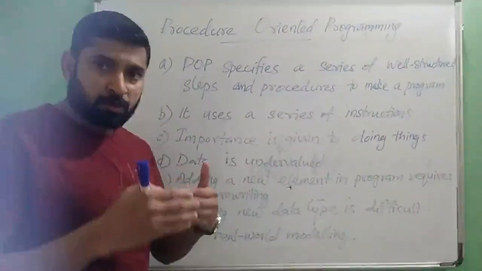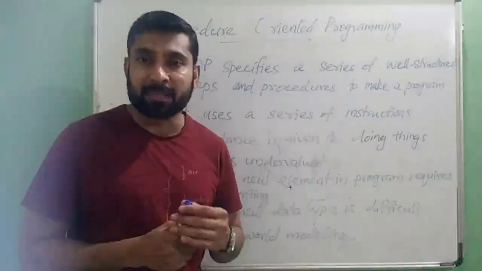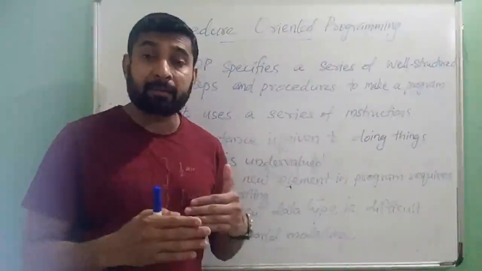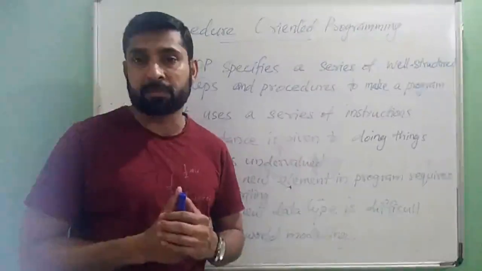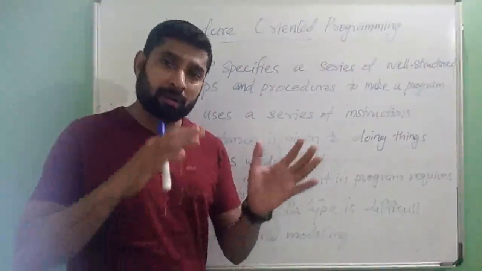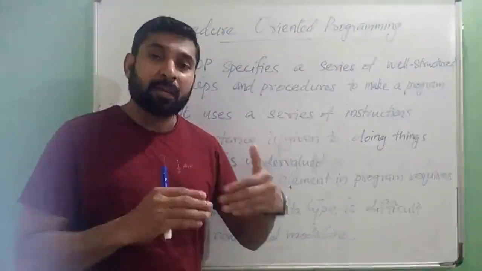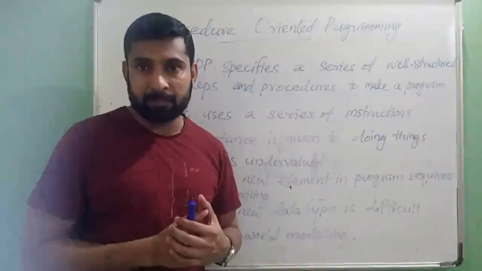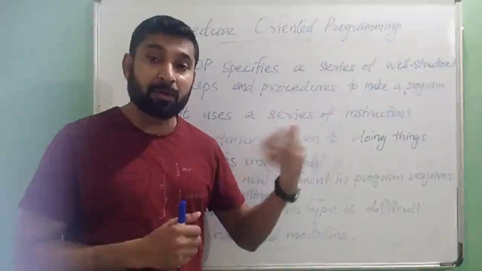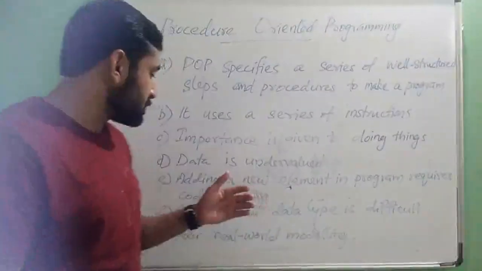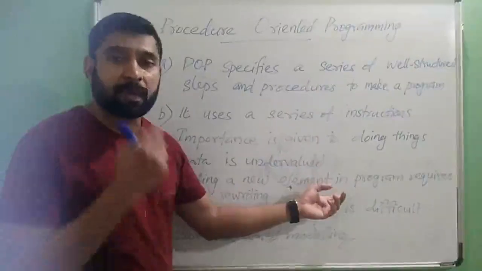If we try to add this new data, we have to rewrite the entire functions or the code in the program which uses, or is supposed to use, the newly added data. So this is a very difficult process.